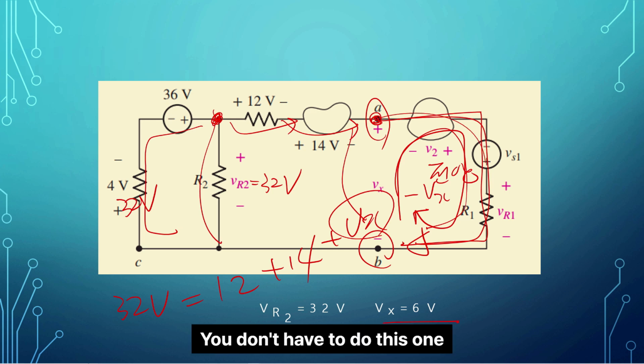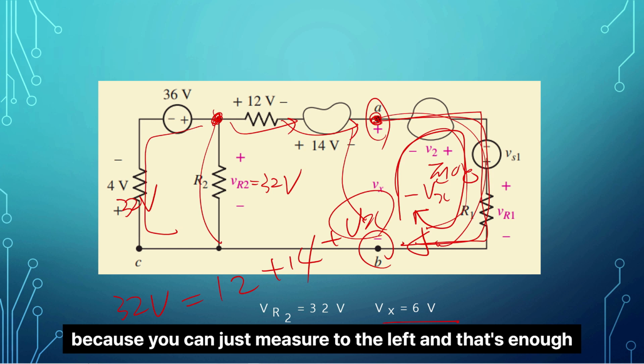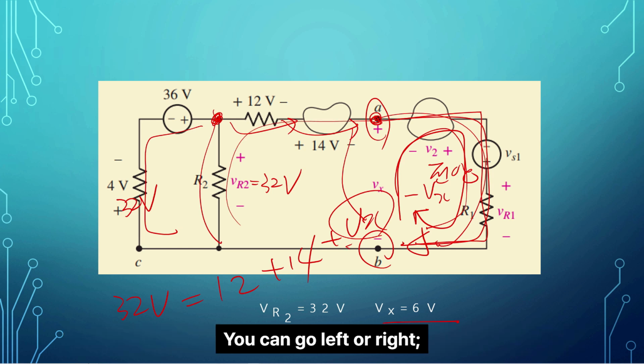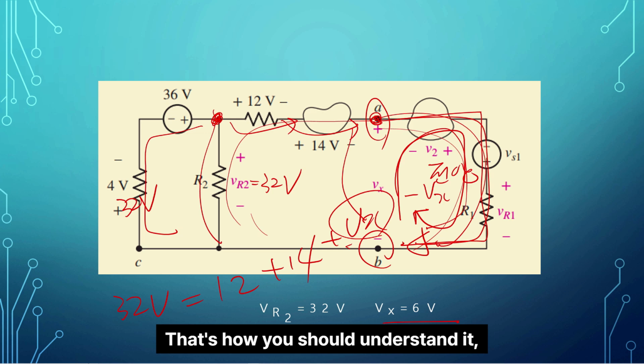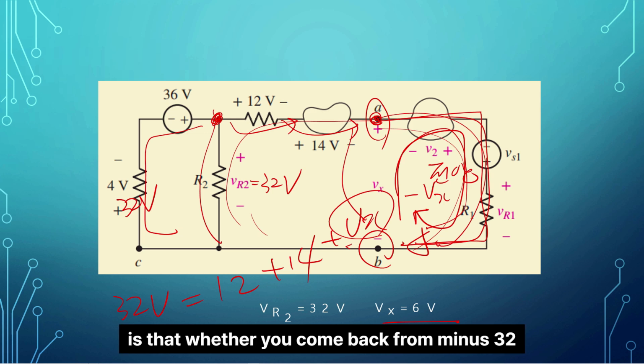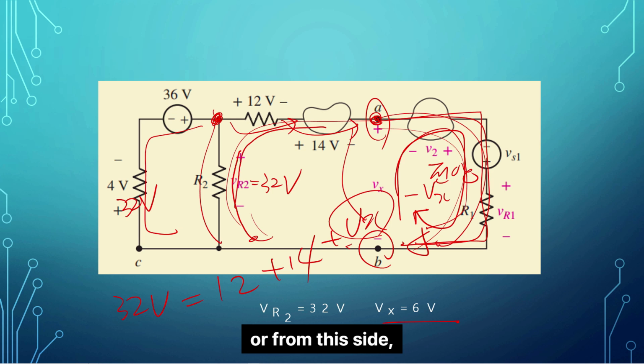It's really easy. You don't have to do this one, because you can just measure to the left and that's enough. You can go left or right. There's no need to erase both. That's how you should understand it. And one more thing to keep in mind is that whether you come back from minus 32 or from this side, it's the same.